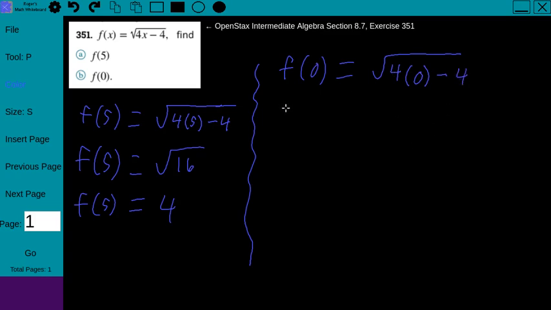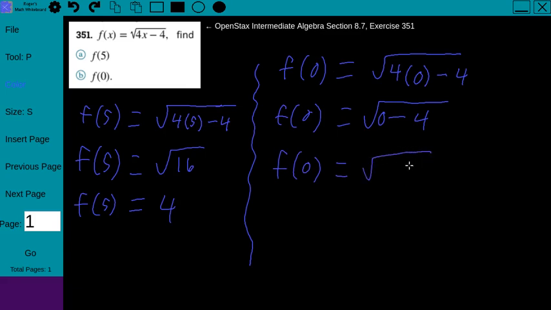To follow the order of operations, f of 0 equals 4 times 0, which is 0, minus 4. What's 0 minus 4? It's negative 4. So f of 0 equals the square root of negative 4.